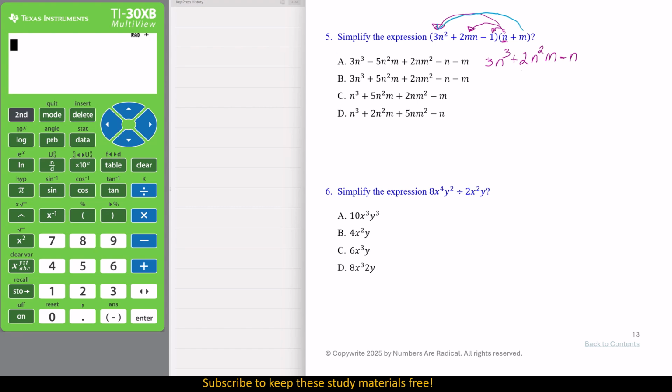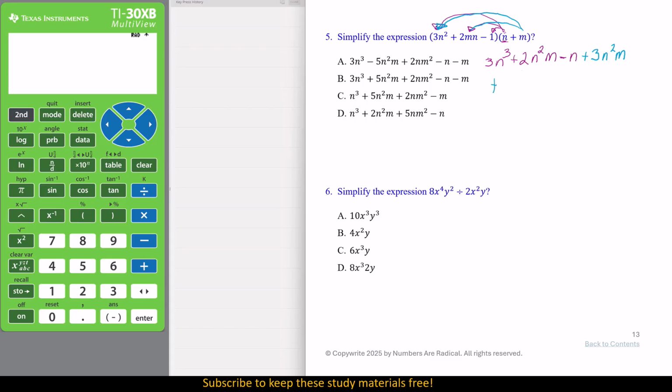So m here gives me plus 3n squared, and there's my m. And then let's take it to the middle term. And that is plus, let's see, I'll move over here and we can simplify all this as we go.